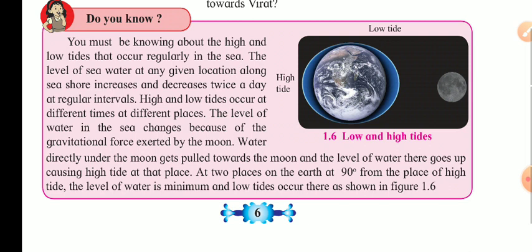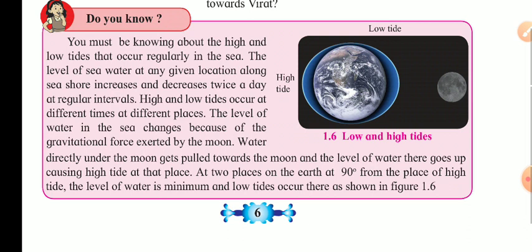Now the next phenomenon of nature is what we call low and high tides. You might have observed that in the monsoon season, the municipal government, the BMC, gives the high tide timings and the height of the tides in the sea.